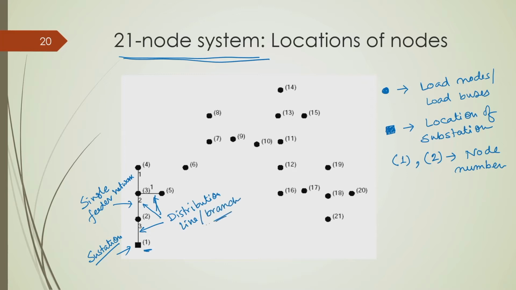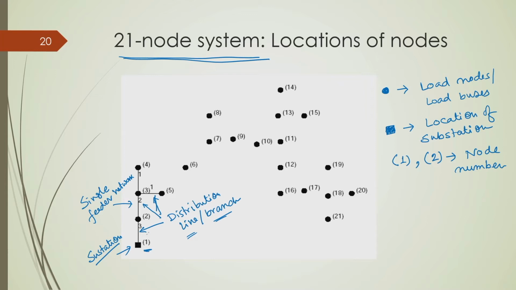In some papers they have mentioned this as a branch, and in some papers they have written it as a line. So, what do you mean by line? Again it is the connection of two neighboring nodes or two neighboring buses.